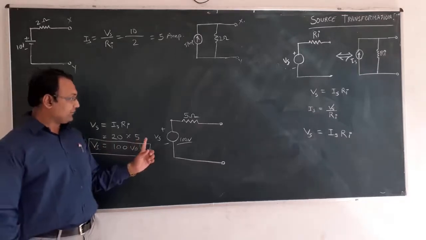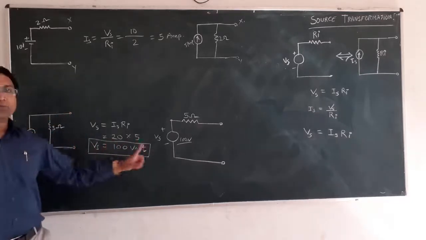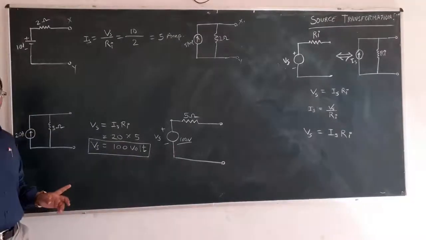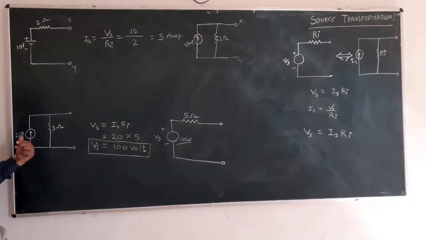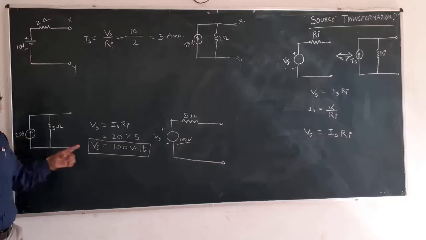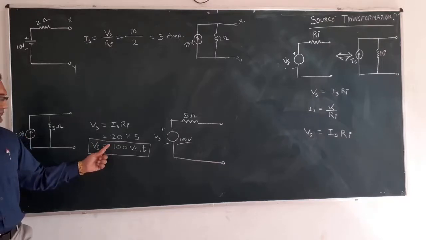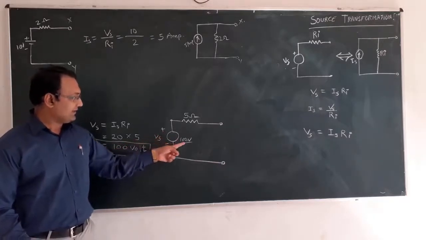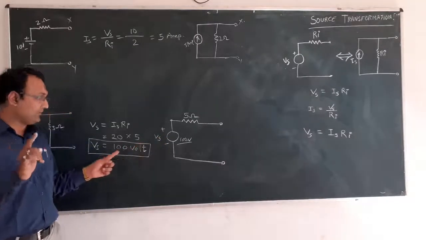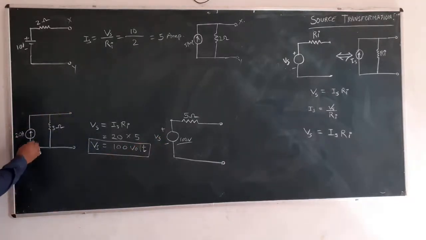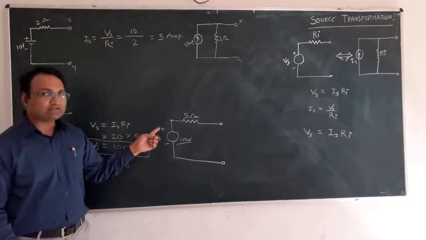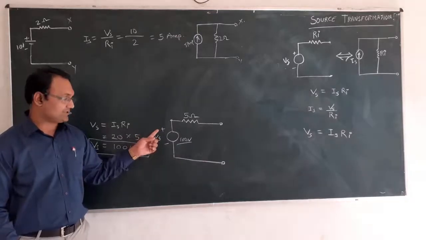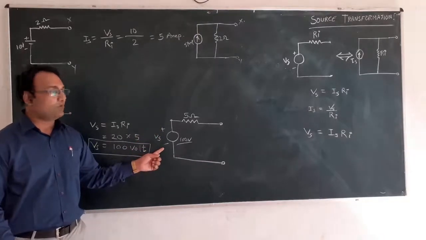Now we are going to replace this diagram by an equivalent voltage source diagram. How are we going to do it? This 20 ampere current source has been converted into a 100 volt voltage source, so we draw this 100 volt voltage source. The point is the arrow mark is upwards. Current is going upwards, so we have to mark positive in the up direction, and negative at the bottom.